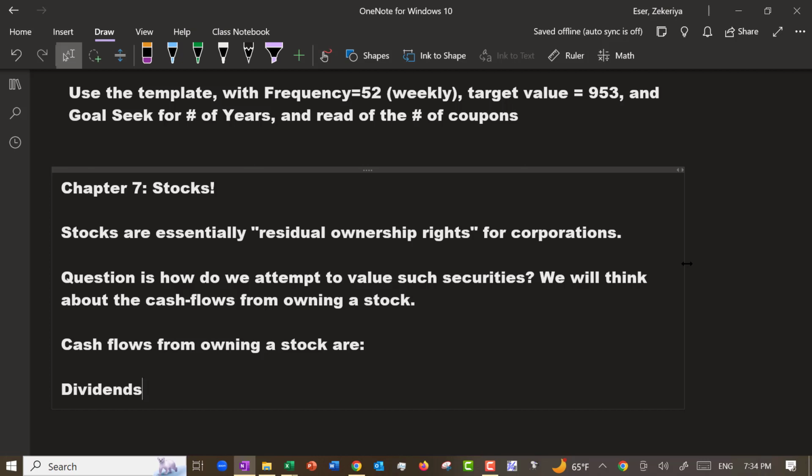We're going to develop a method that says a stock, at least theoretically speaking, should be valued at the present value of all future dividends, possibly ad infinitum.